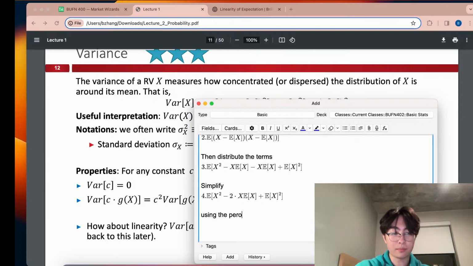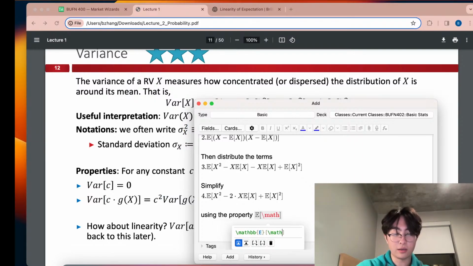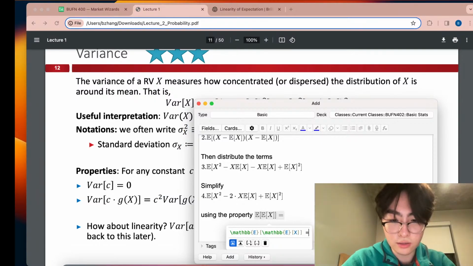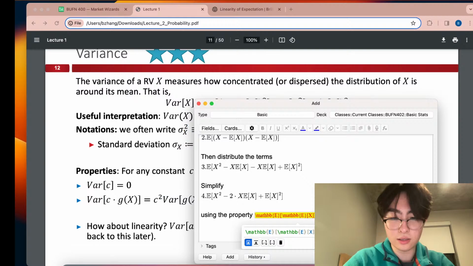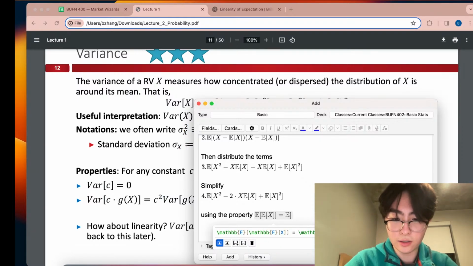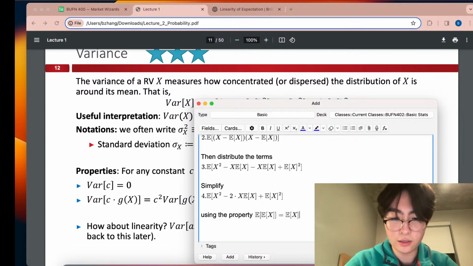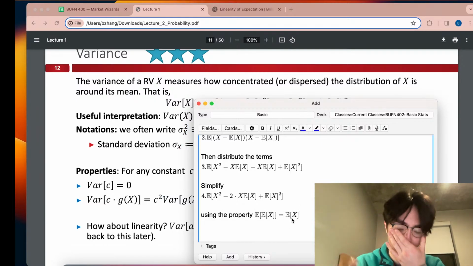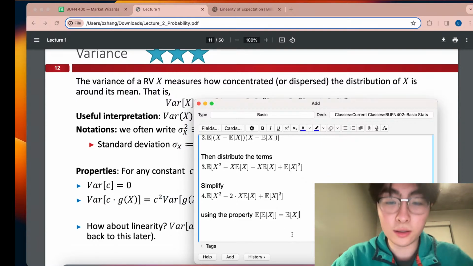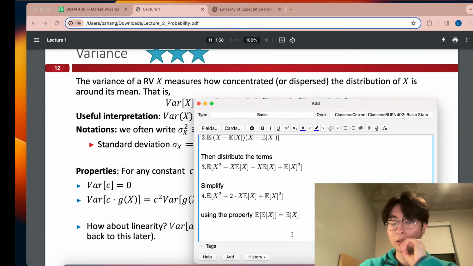Using the property, the expectation of x is equal to the expectation of x. Okay, so this is just saying that, right, because the expectation of x is a real value, and so that should be a constant.